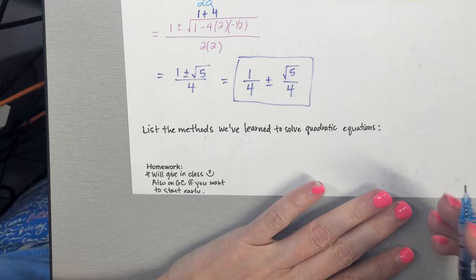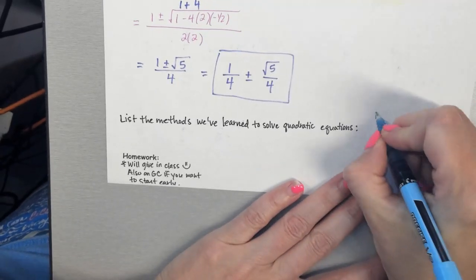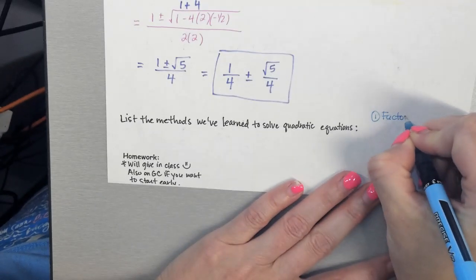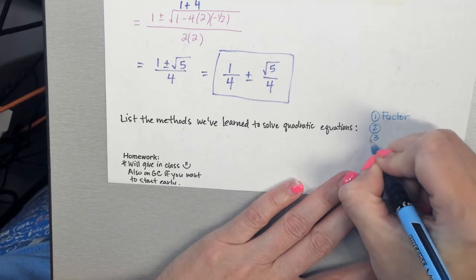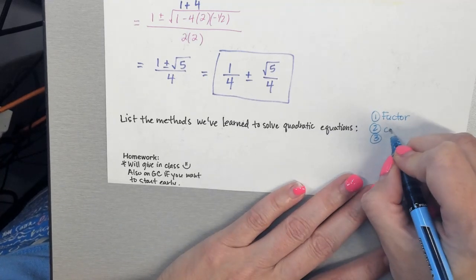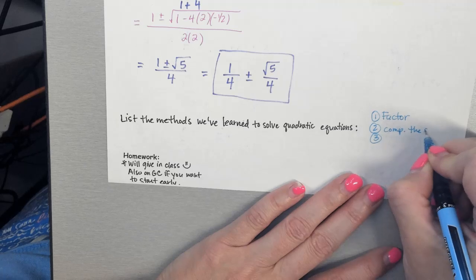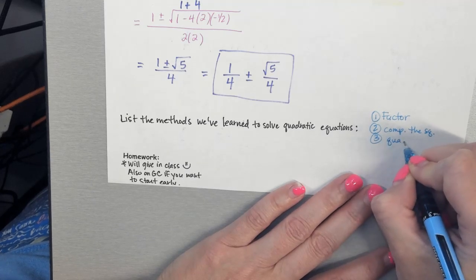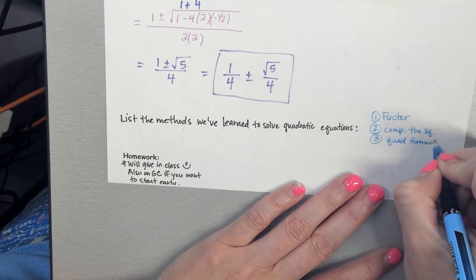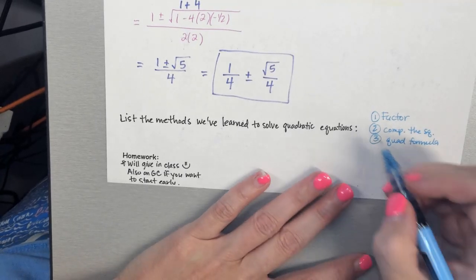Okay, so the ways that we've learned: the first one is factor. We've done complete the square, and we've done the quadratic formula. So if it doesn't tell you which way to do it, you have those.